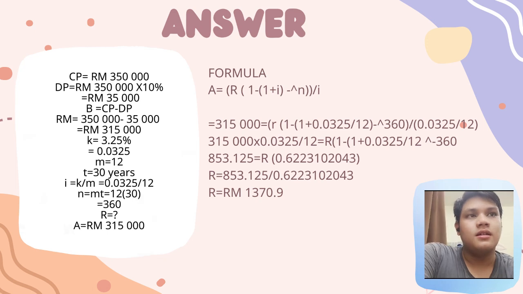Then 0.0325 per 12 will be transferred to the left, multiplied with 315,000, and equal to R bracket 1 minus bracket 1 plus 0.0325 per 12 bracket negative 360 brackets.